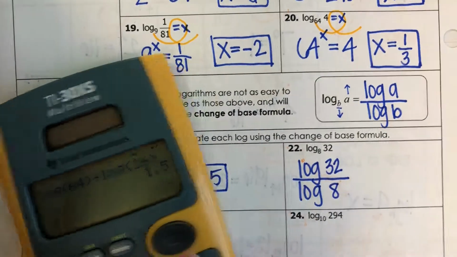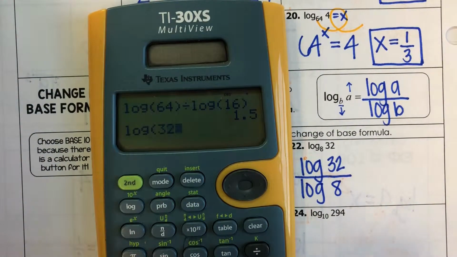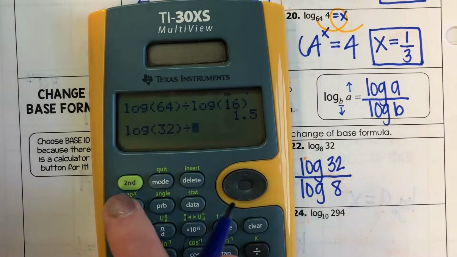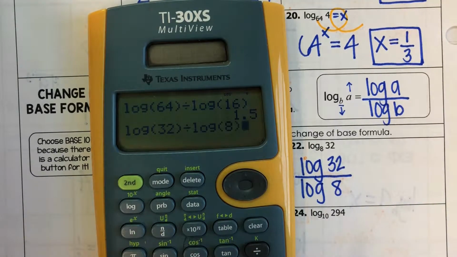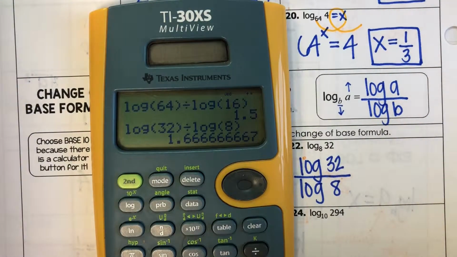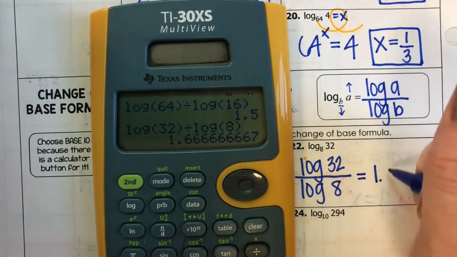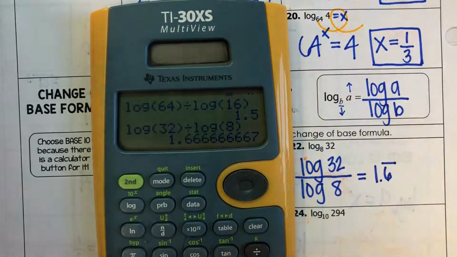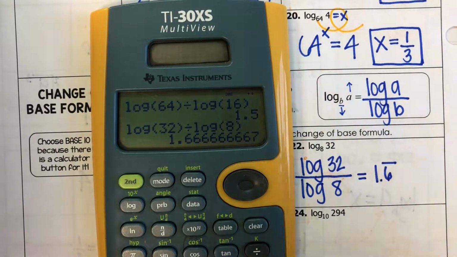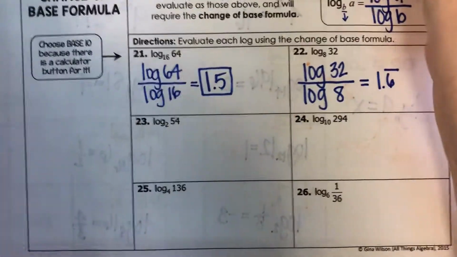In the calculator, I'll do log of 32, close my parentheses, divided by log of 8, close my parentheses, and hit enter. I see that I've got 1.6 repeating, so I'm going to write 1.6 and put the bar over it just to indicate that it continues on forever. All right, next.